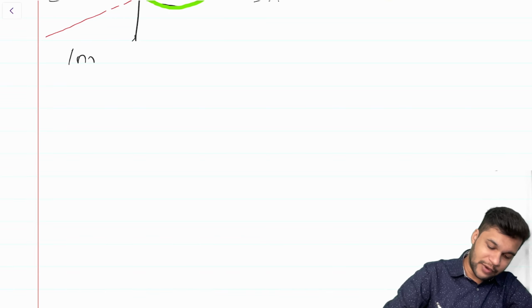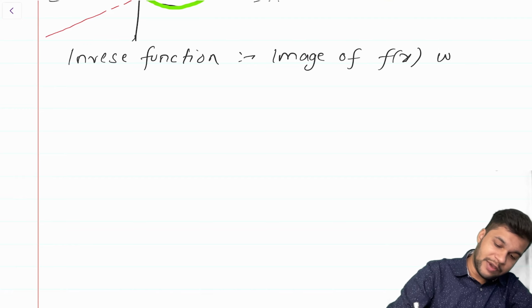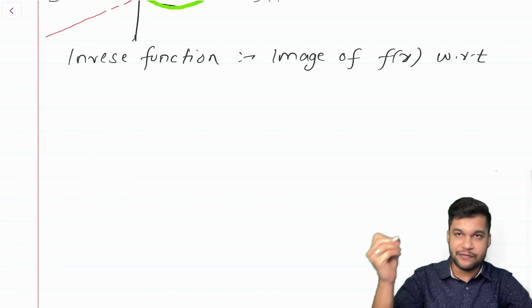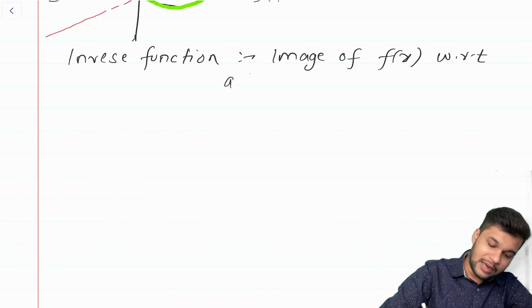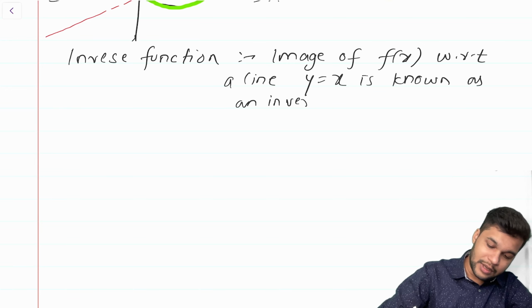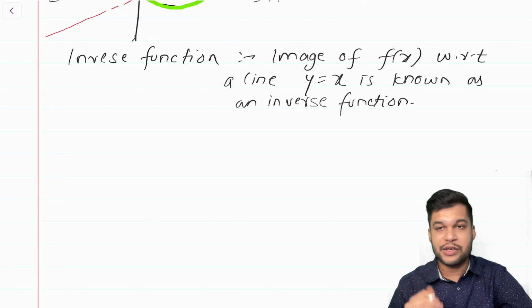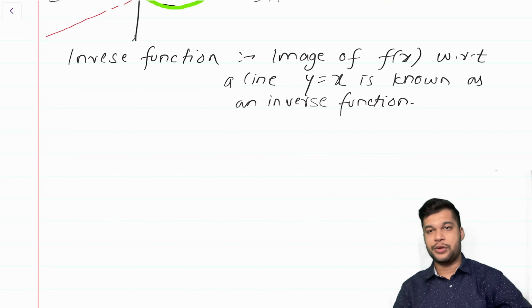An inverse function is nothing but the image of f(x) with respect to the line y equal to x, and that is known as an inverse function. I hope you understood.